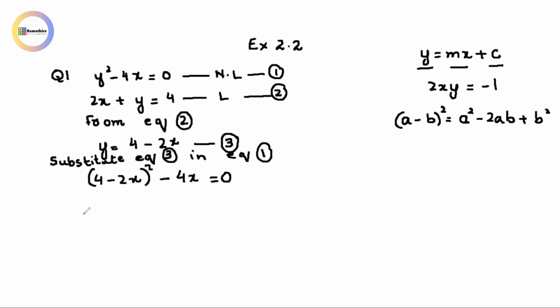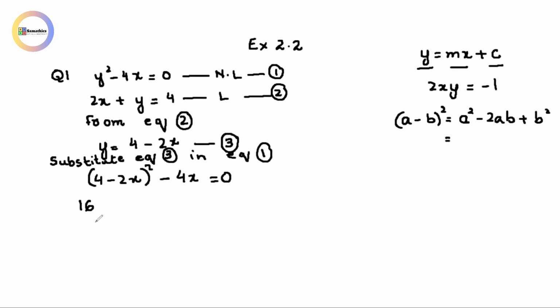We will be applying identity here. According to this, we have to take the square of first term. Square of first term here is 16. You must know how to do this directly now. And if you are unable to do it directly, you can solve it here, or you can write here the step.